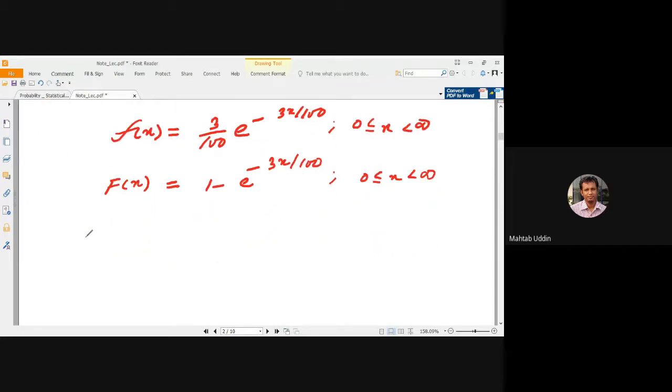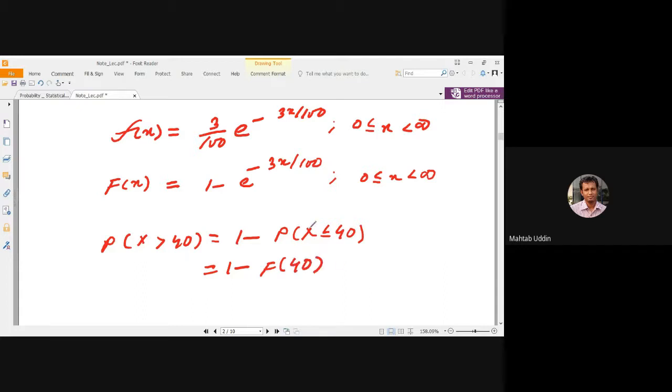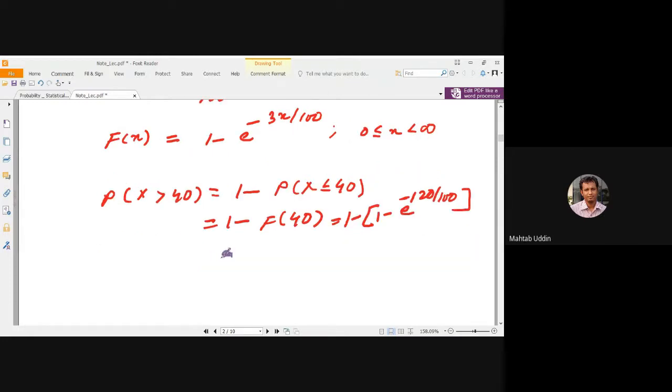Sorry, more than 40 feet, not at least, more than 40 feet. So 1 minus F(40). That is 1 minus 1 minus e to the minus 120 by 100. 1 will cancel here also. You can write e to the minus 6 by 5.